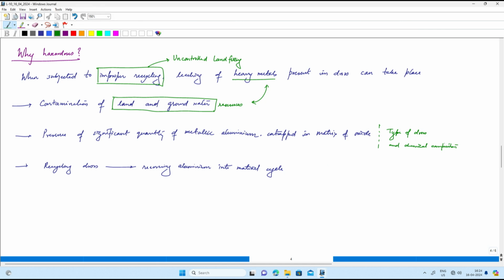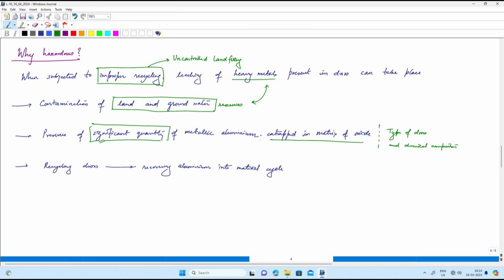The type of dross and the chemical composition basically help us in identifying the value that can be recovered by recycling the dross. So, presence of significant quantity of metallic aluminium. We've already seen the types of dross, so we know that it can have a really large amount of metallic aluminium, and of course it is entrapped in the matrix of oxide.